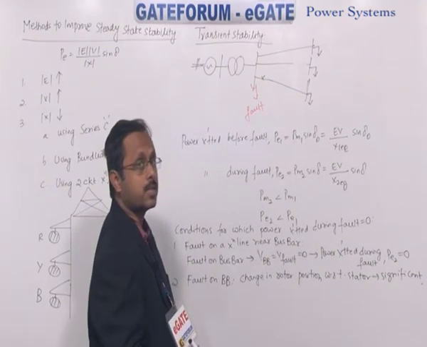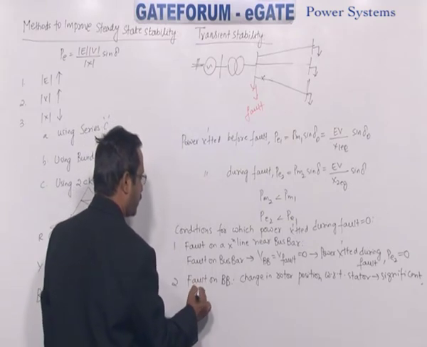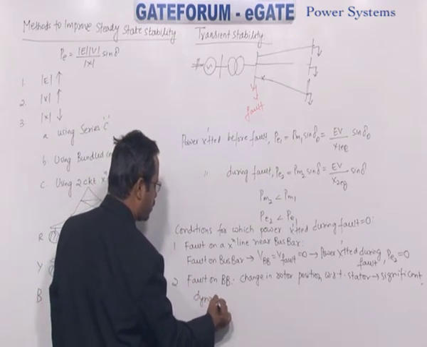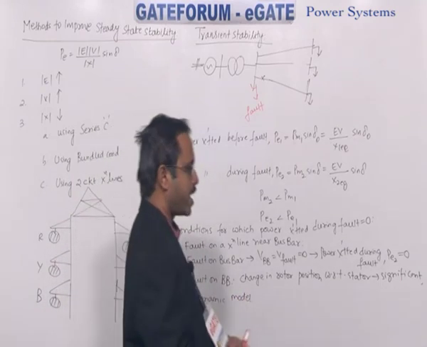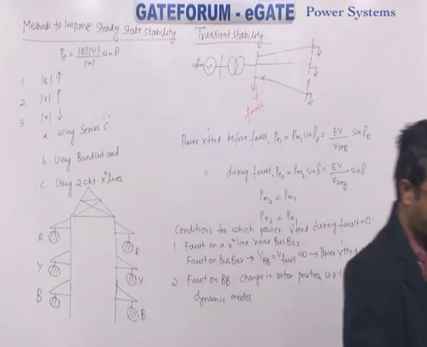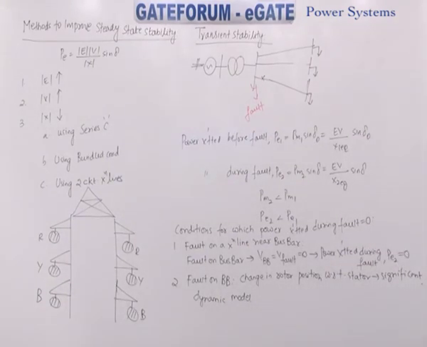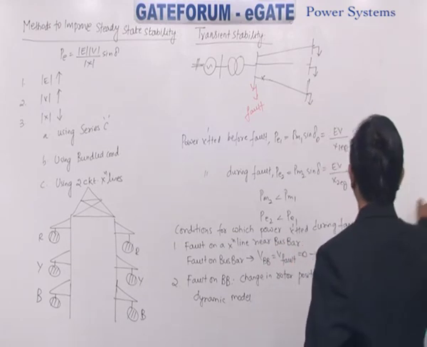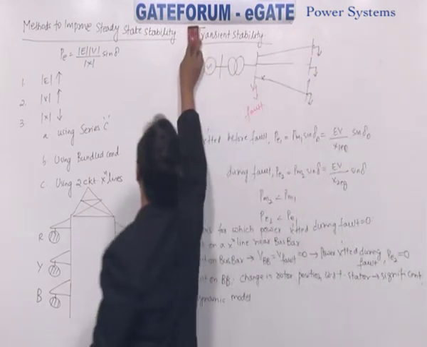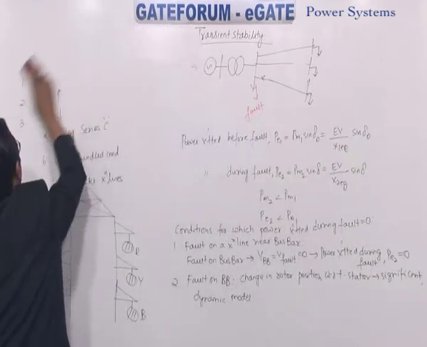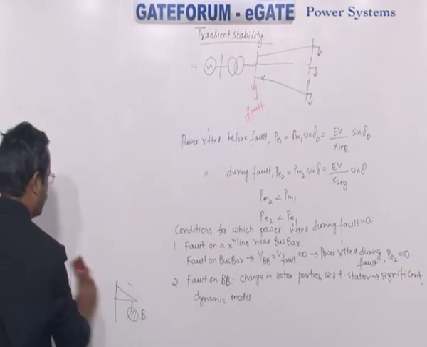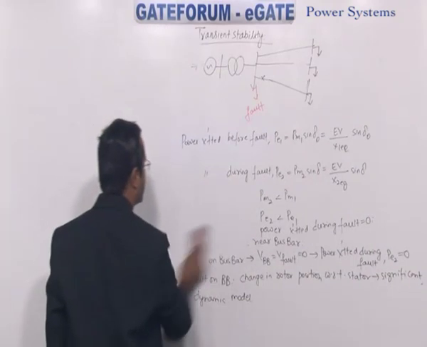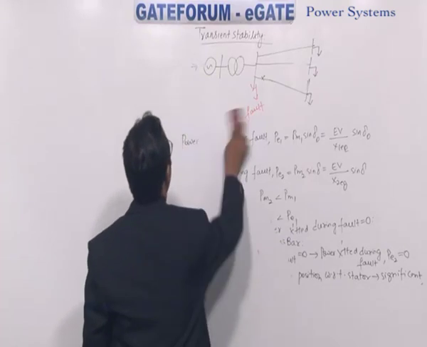And due to that, we have to develop the dynamic model. Dynamic means as a function of time. So now we develop the dynamic model to analyze the transient stability of the system.